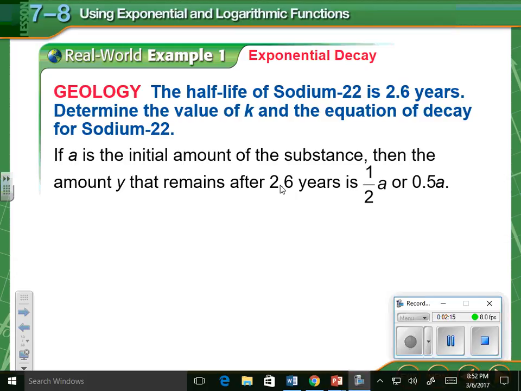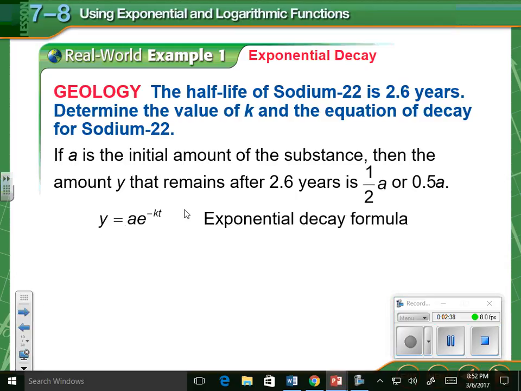After 2.6 years, there should be half of the amount we had in the beginning, because that's its half-life. And that's what that means: if it's its half-life, then the amount is going to be half as much after this many years. So here's our formula for decay.